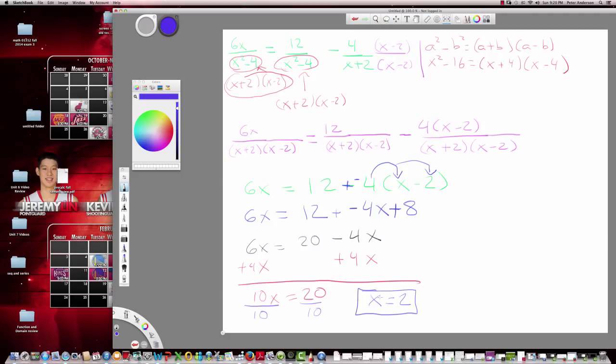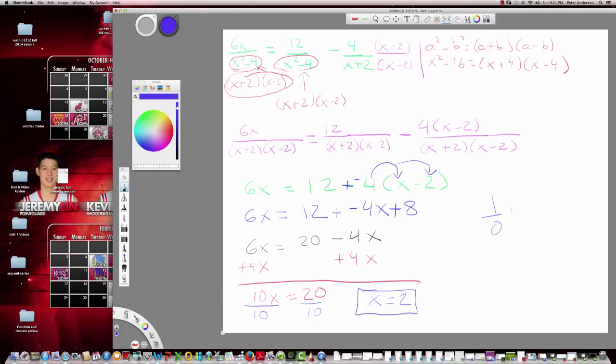One last thing that you have to do here to get the answer, and this is something that a lot of people overlook: you have to take this value and see if it works here. Notice if I put in 2 here, I get 2 squared minus 4, which is 4 minus 4, which is 0. You have a problem, and the problem is that we can't divide by 0. Any number divided by 0 is undefined.